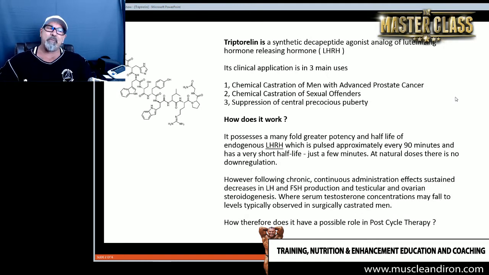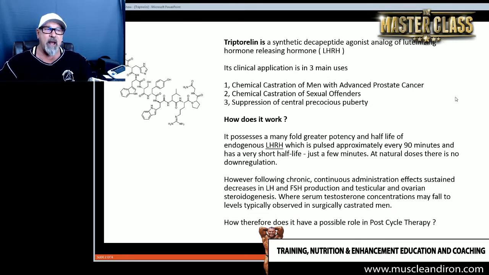And when you hear that list, you think, what the hell has this drug got to do with post-cycle therapy practices? Because that's exactly the opposite of what we're trying to do here, which is very obvious, right? But bear with me, you'll appreciate where this drug might fit into post-cycle therapy practices in the following slide, right?